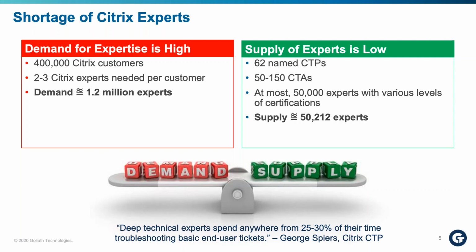Now on the supply side, at the highest level of certifications, there's only 62 certified professionals. There's another around 150 at best of the CTAs, and then there's probably about 50,000 of all various levels that have gone through some level of certification. So at best, you might have 60,000 experts out there. So obviously the demand is much higher than the supply.